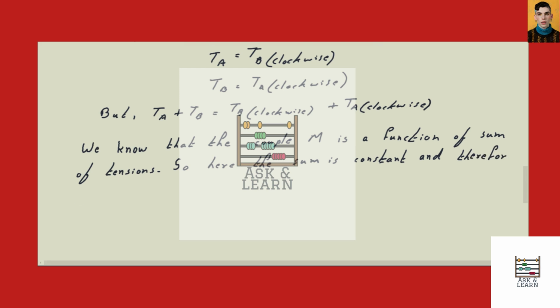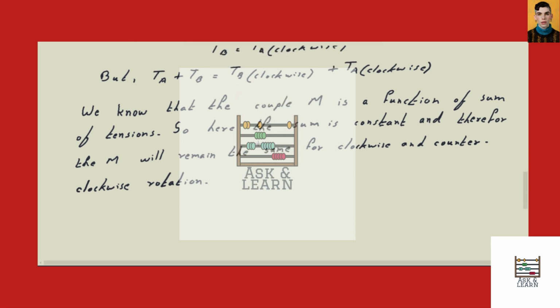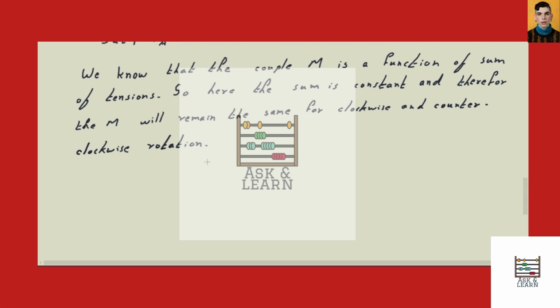That means the swapping or the change in rotation doesn't affect M, and therefore M will remain the same for clockwise and counterclockwise directions. Even if we change the rotation, the only thing that happens is swapping the values of tension. The M value remains constant as the sum remains constant.